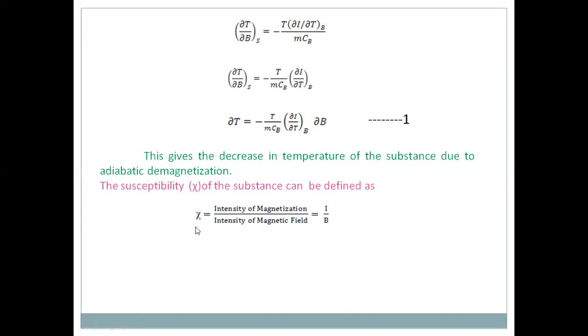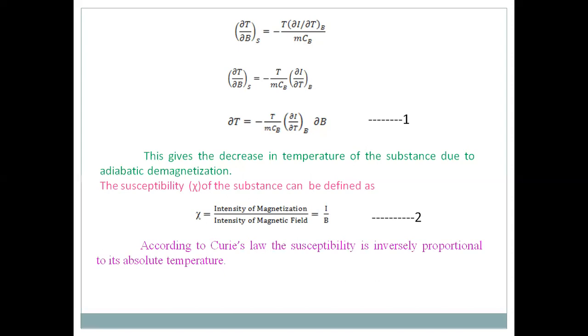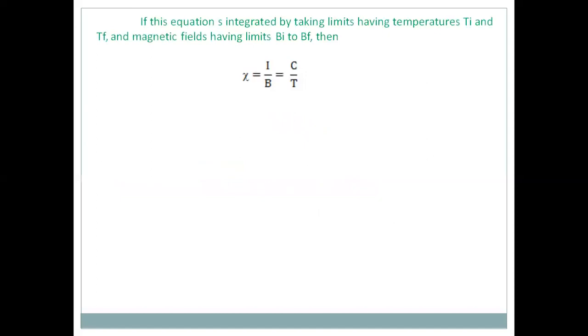Chi is called the susceptibility of the substance, that is, magnetic susceptibility. But according to Curie's law, the susceptibility chi is inversely proportional to temperature. So chi is proportional to 1 by T, that is, equal to C by T. Comparing these two equations, I by B is equal to C by T.